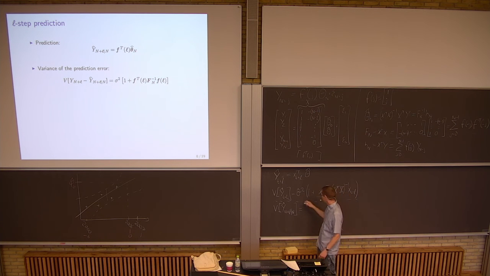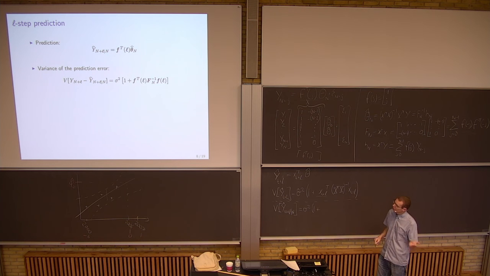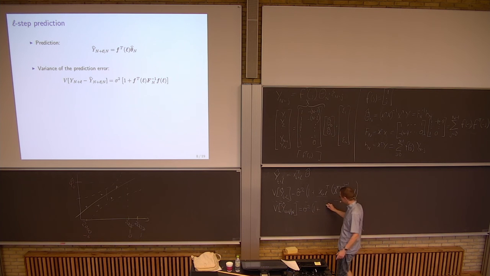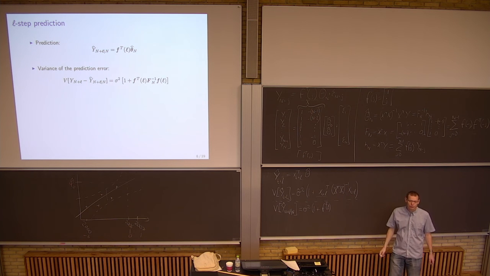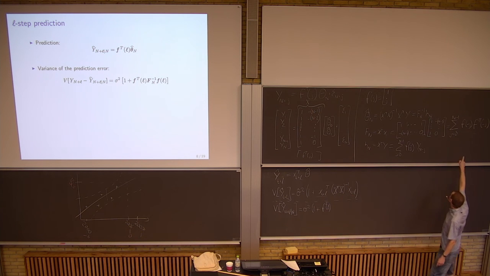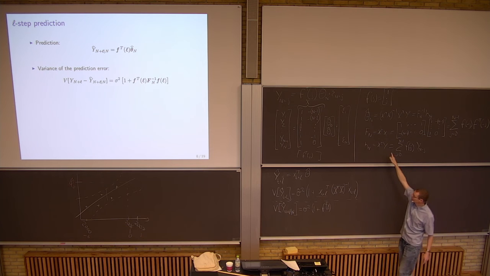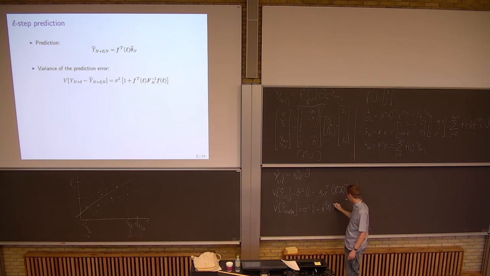Equals, we have the same up here, sigma square, 1 plus, and then we should use the corresponding line here. So what that is f of l, and again we should transpose it. And then x transpose x inverse. Well, we just defined f up here as x transpose x. So that will be uppercase Fn inverse, and then we can get the f transpose of l.